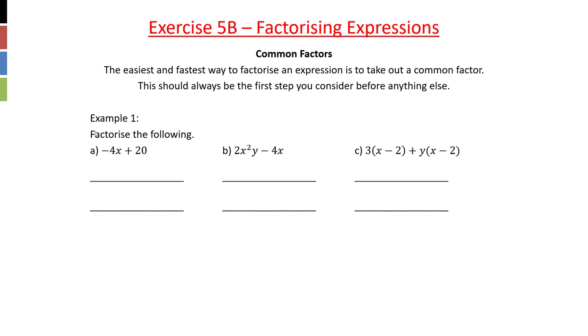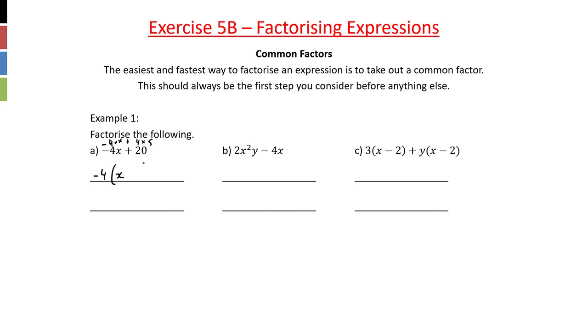What we're looking for is a common value that we can take out of both of our terms. In this case, we have -4 times x plus 20. This can be written as -4 times x plus 4 times 5. So we can take out the 4 as the common factor. Actually, we might take out a -4 as the common factor.